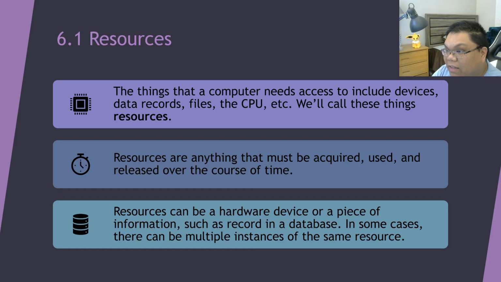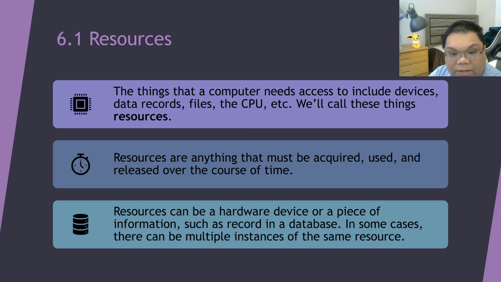The things that a process needs access to include devices, data records, files, the CPU, all sorts of things. We'll call these resources. Resources are anything that must be acquired, used, and released over time.